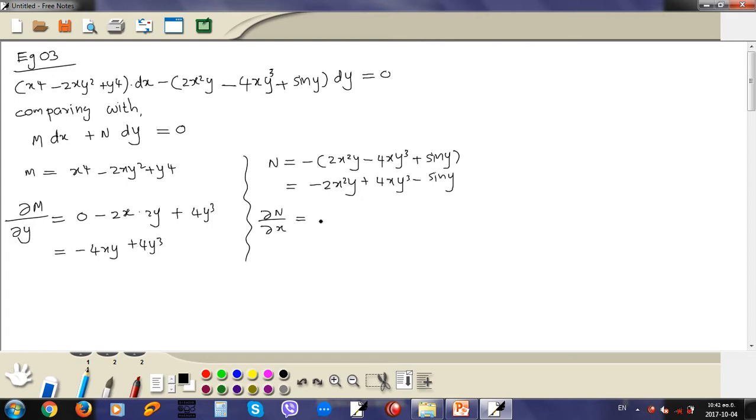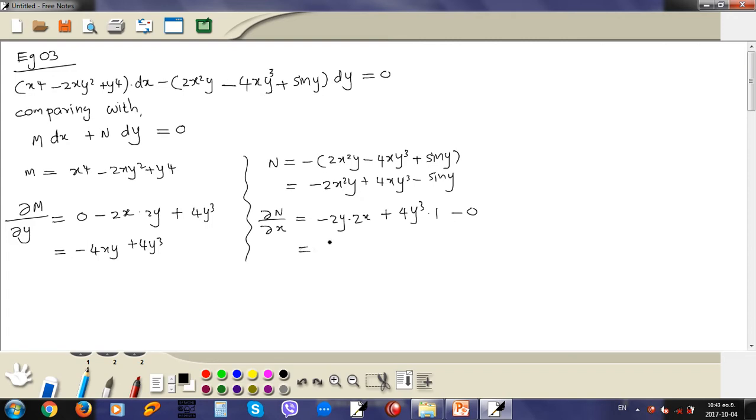And we can find ∂N/∂x. Here −2y is constant. If we differentiate x² with respect to x, that is 2x, and 4y³ is constant. The derivative of x is 1, while y is a constant with respect to x, so that is 0.